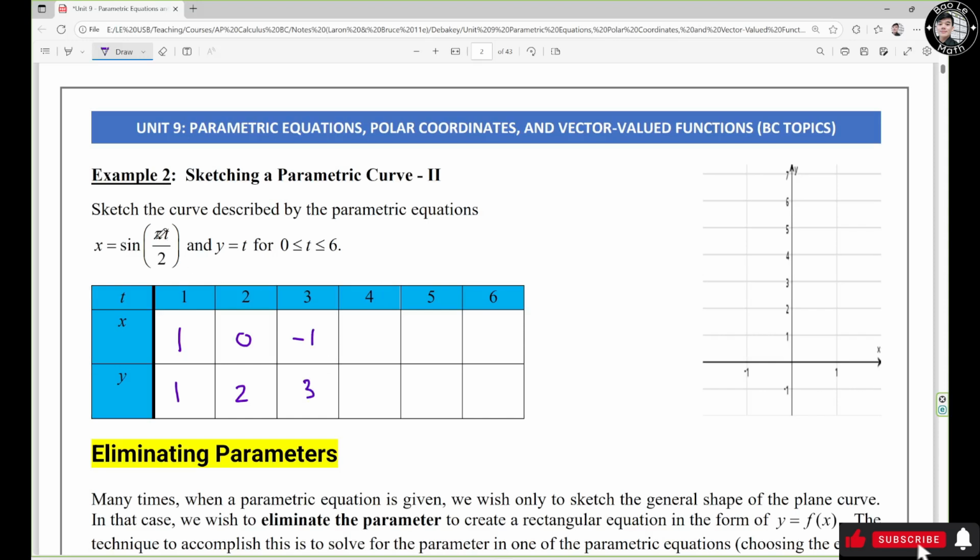T equals 4, sine of 2 pi is 0, and this guy is 4. T equals 5, sine of 5 pi over 2 is 1, and this guy is 5. And t equals 6, it's 3 pi, which is 0, and this guy is 6.